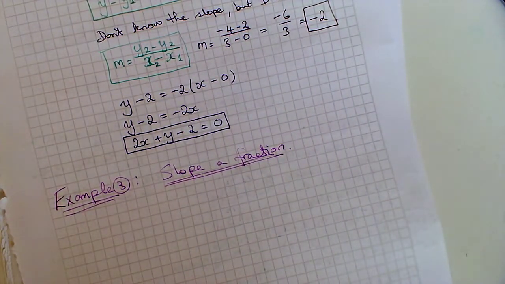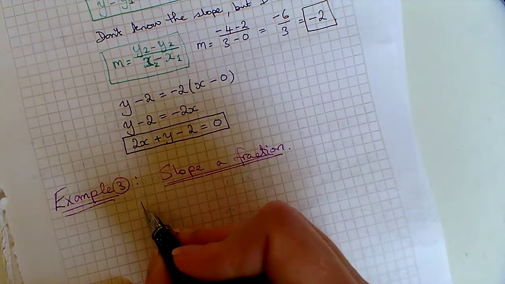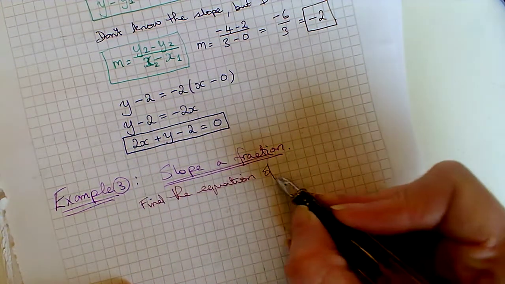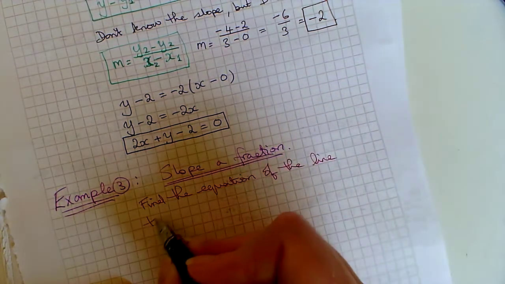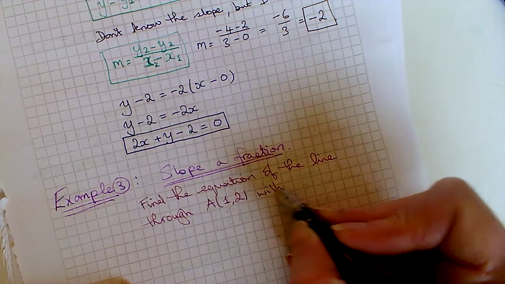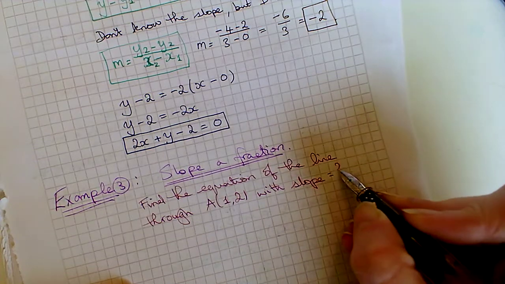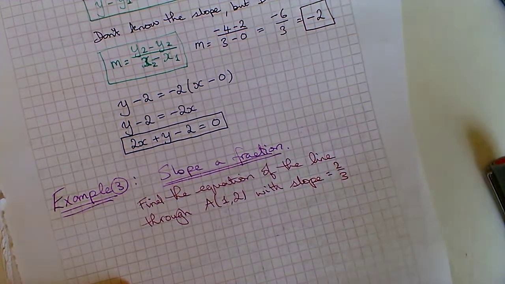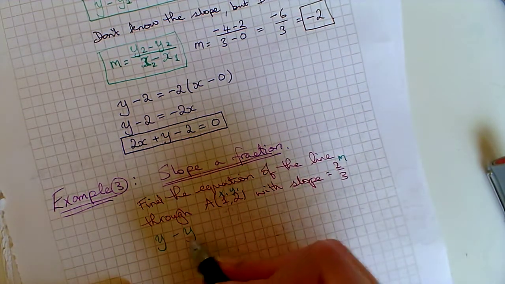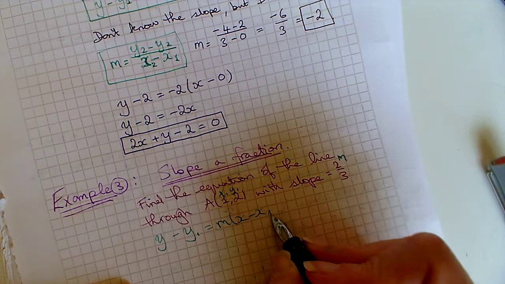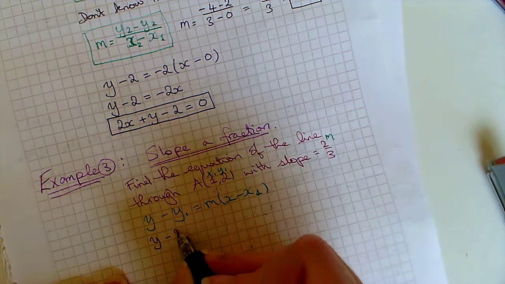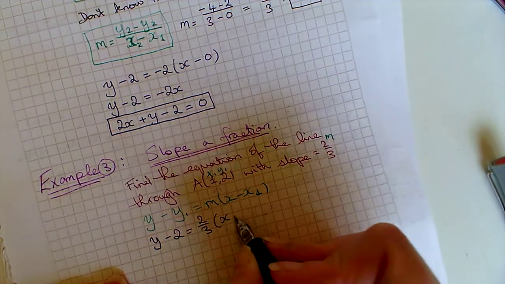So we're going to find the equation of the line through the point (1, 2) with a slope of 2/3. That's my x1, y1. That's my m. And I'm filling into y minus y1 equals m by x minus x1. So I have y minus 2 equals 2/3 (x minus 1).